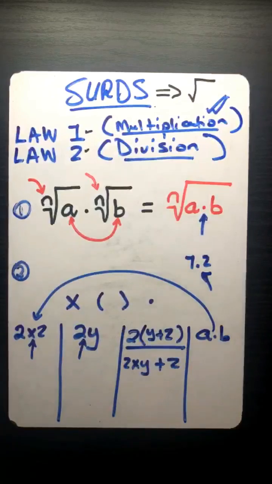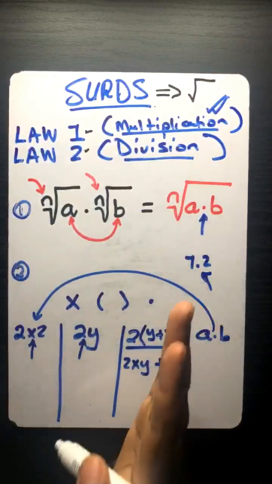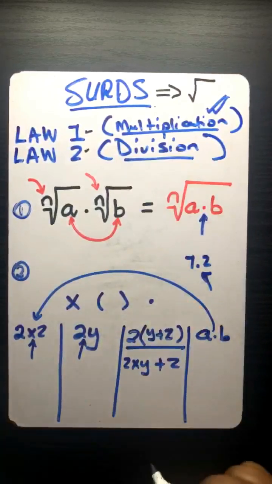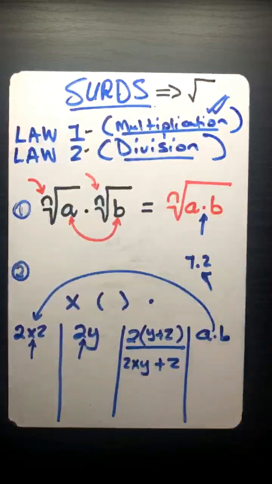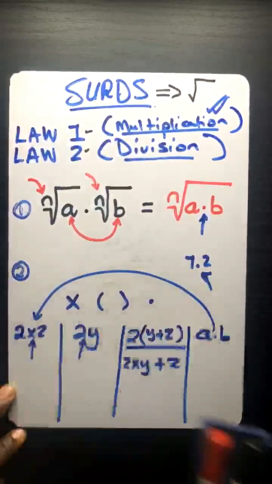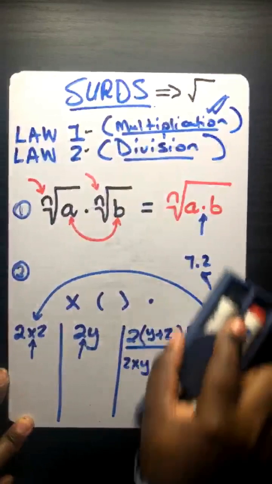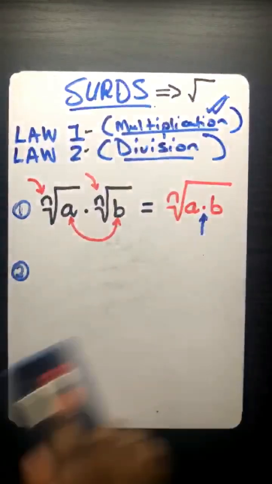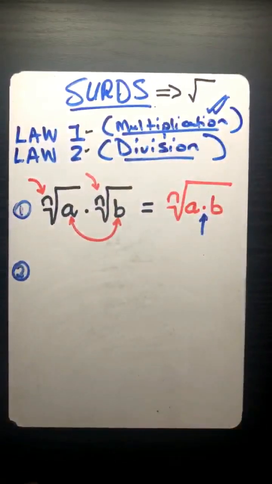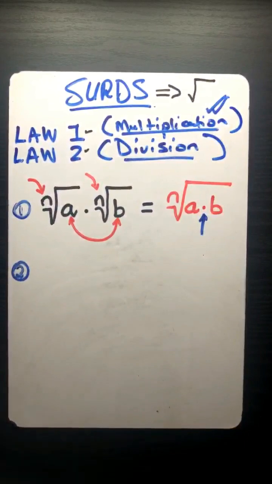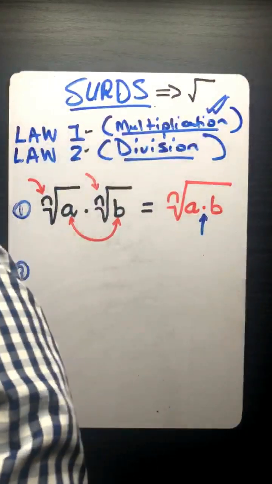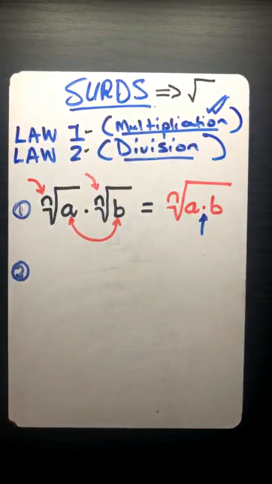So just understand how multiplication can be represented. As we continue, I'm going to be explaining a lot more of this. For now, you might not understand why I had to explain that, but as we go deeper, you will realize that it is very important for you to be aware of that.